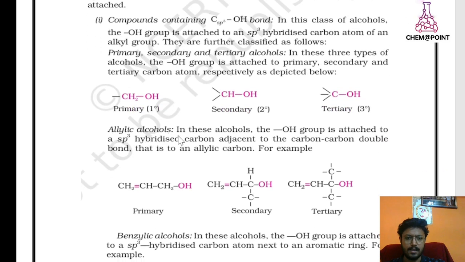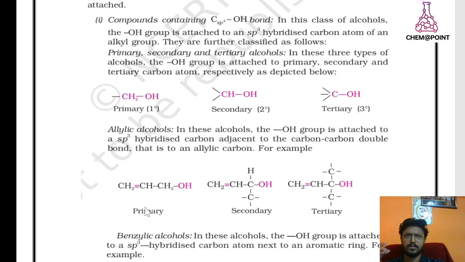allylic alcohol, right? Allylic alcohol is very important, it comes directly in your exam. In this alcohol, the OH group is attached to an sp3 hybridized carbon adjacent to a carbon-carbon double bond, that is, to an allylic carbon.